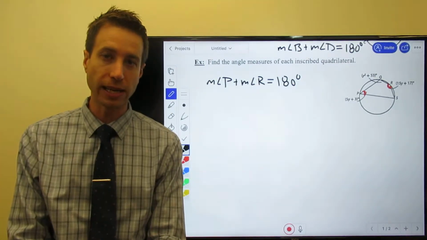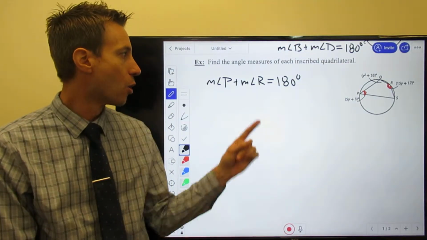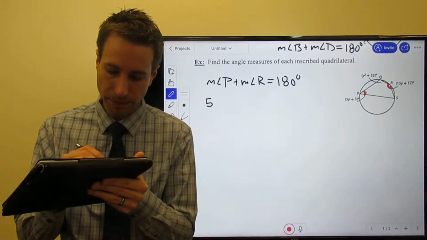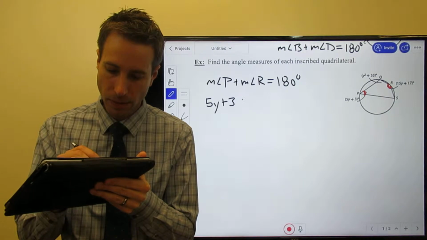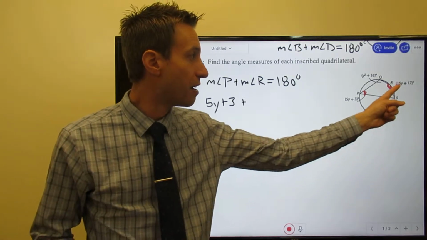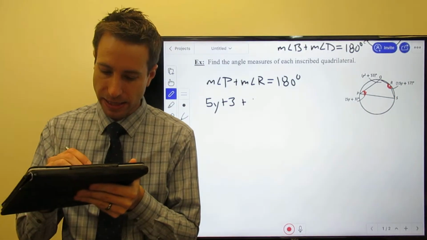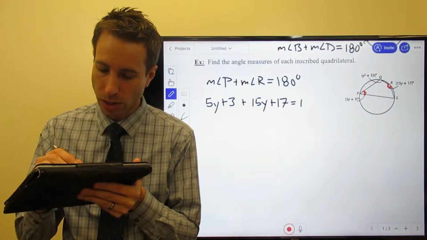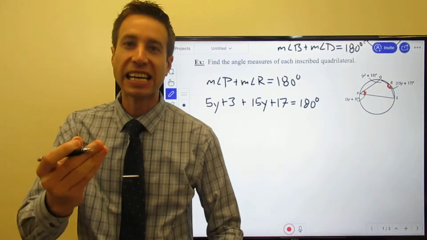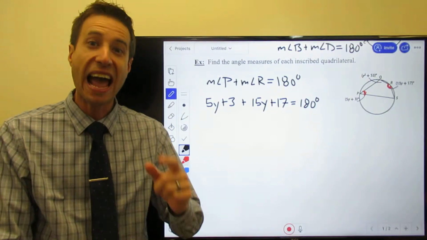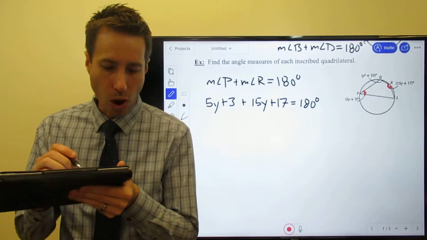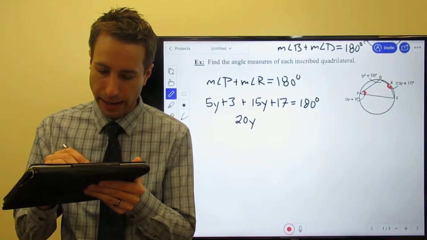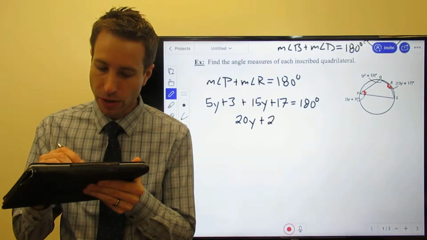That's the geometry. Let's do some algebra. What is the measure of angle P? It's 5y plus 3. What is the measure of angle R? 15y plus 17. That all has to be equal to 180 degrees. We're going to combine like terms and then solve for y. So 5y plus 15y is 20y. 17 plus 3 is 20.